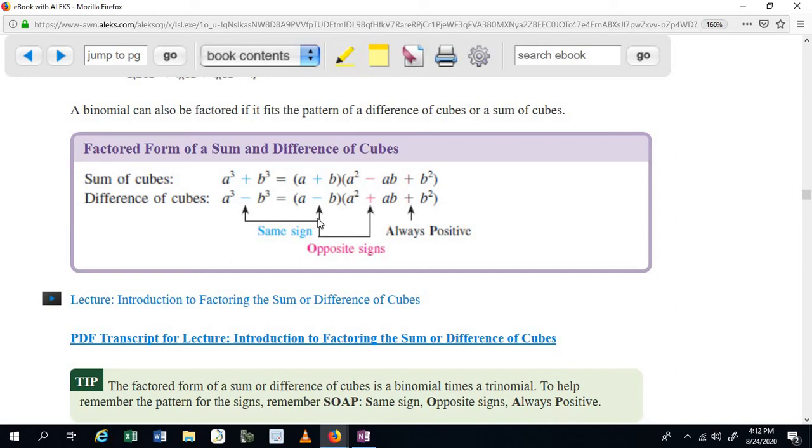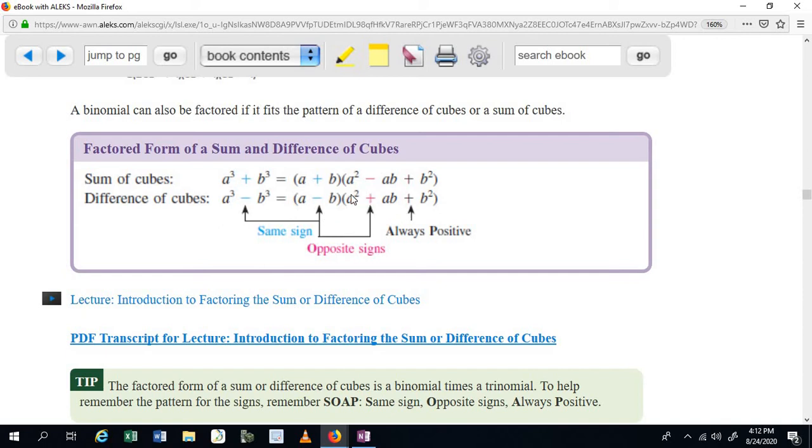Again, because you'll end up with 6 terms when you multiply this out. 3 of them come from multiplying a by all 3 of these, and then the other 3 come from multiplying minus b by all 3 of those. 4 of the 6 terms cancel out, and you're left with the first term, which is a cubed, and you're left with the last term, which is minus b cubed.